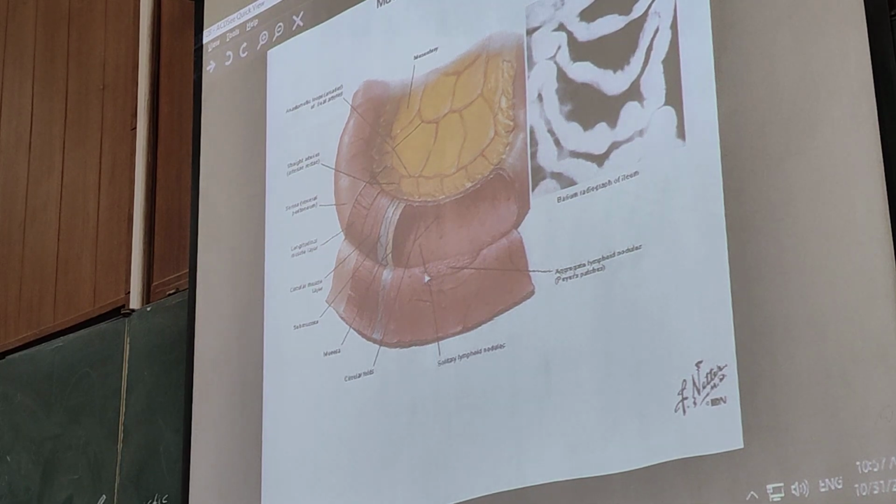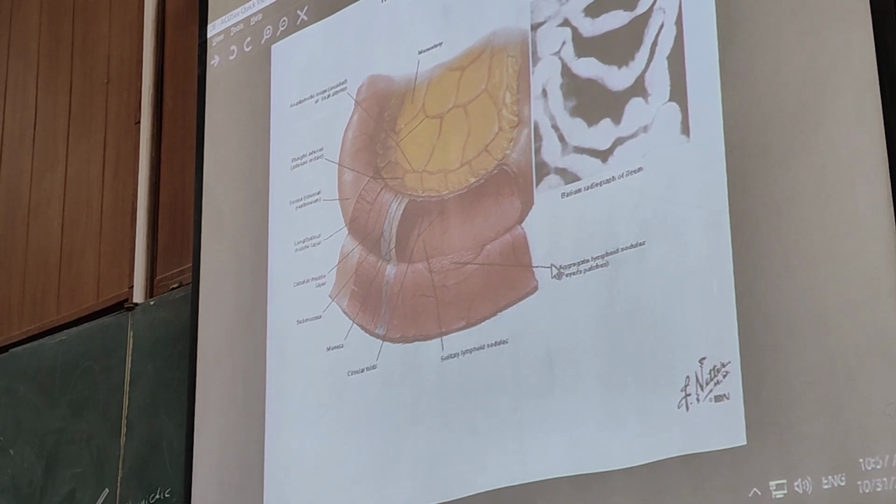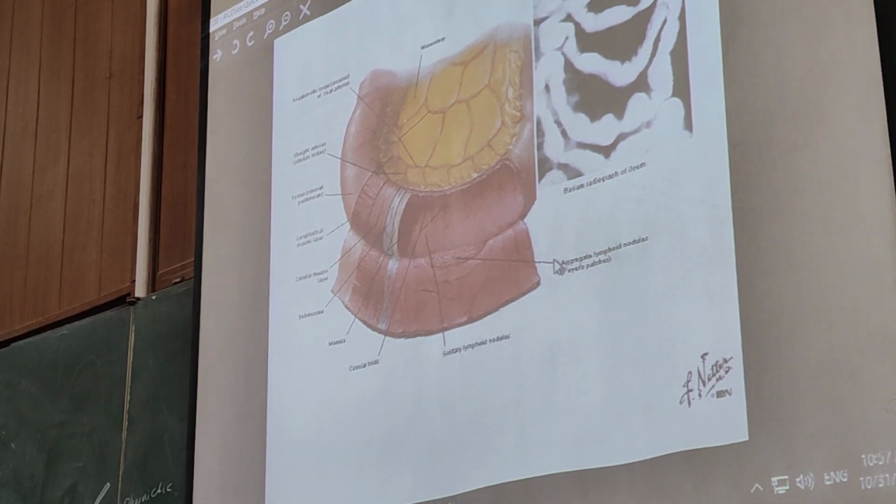Read this part. Lymphoid. Notice, Peyer's patch. Peyer's patches are made by aggregation of lymphoid tissue, a lot of lymph nodes aggregated to each other, and we can see them without a microscope.